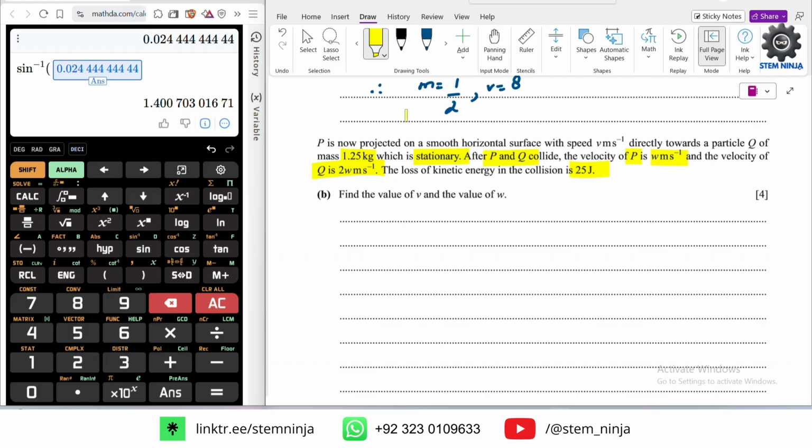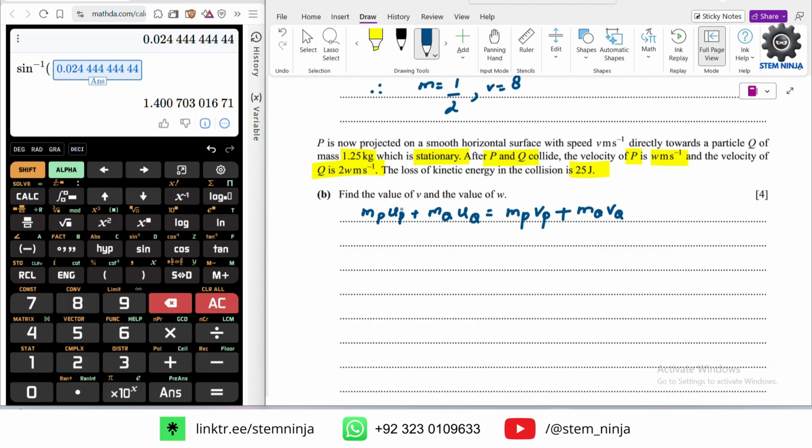Okay, so first off, we know the principle of conservation of momentum, which is mp up plus mq uq equals mp vp plus mq vq.